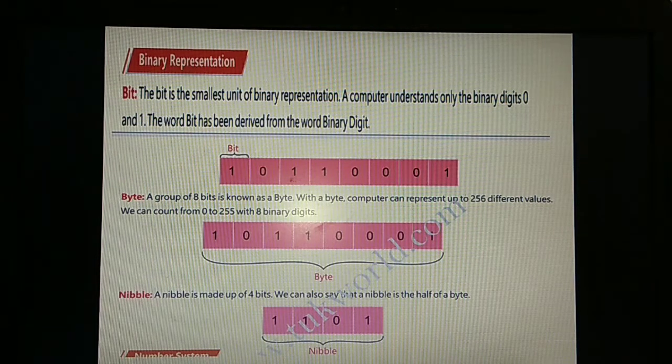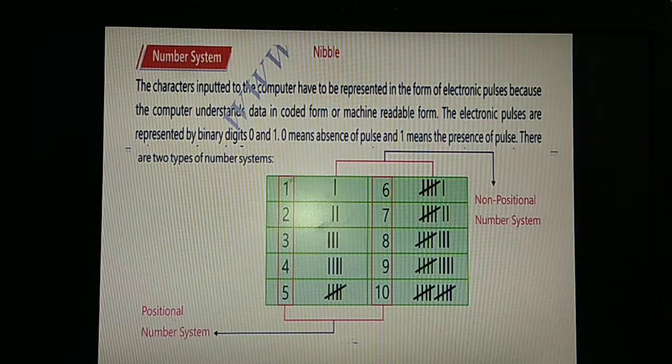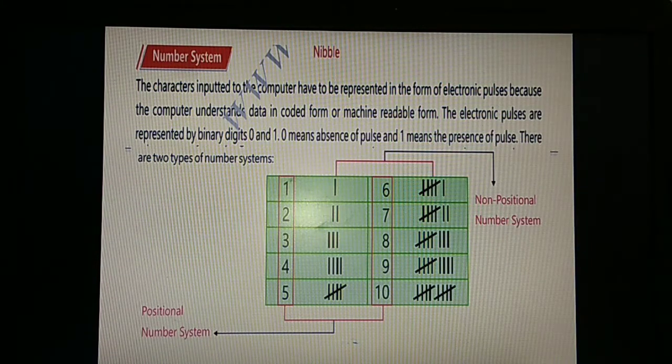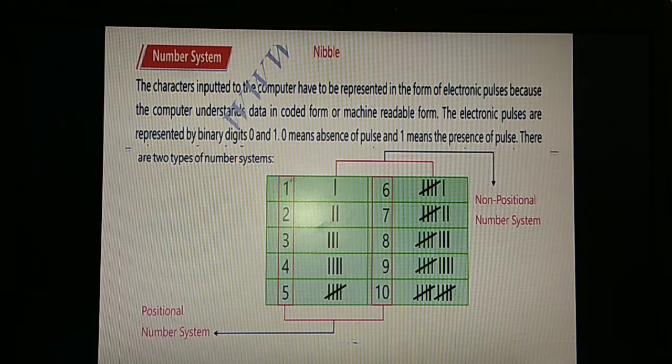I will start with the topic number system now. Just pay attention here. The characters inputted to the computer have to be represented in the form of electronic pulses. If you want to represent the characters you have inputted in your computer in the form of electronic pulses, that is when you use the number system, because the computer understands data in coded form or machine readable form.